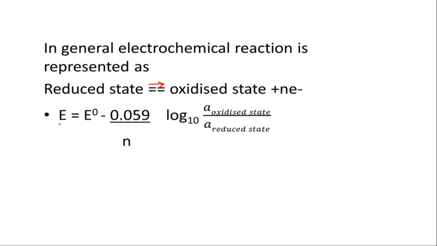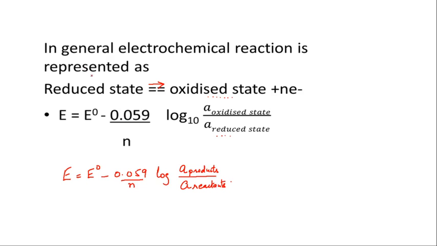So the Nernst equation can be written as E is equal to E naught minus 0.059 divided by n log of activity of the oxidized state divided by activity of the reduced state. You can also write E is equal to E naught minus 0.059 upon n log of activity of the products divided by activity of the reactants.